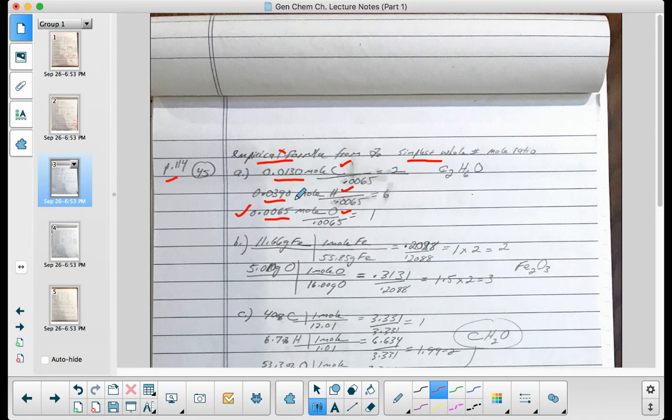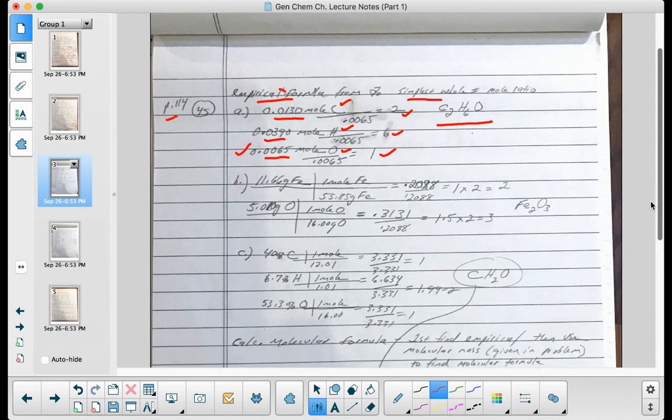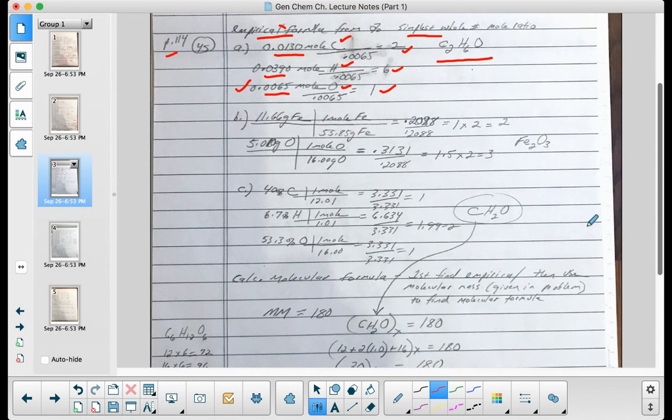If I divide this value for hydrogen by that 0.0065, I get a 6. And then for the oxygen, obviously, I would get 1. So this comes out nice and neat. It's a 2 to 6 to 1 ratio. That means that my empirical formula for this example would be C2H6O.